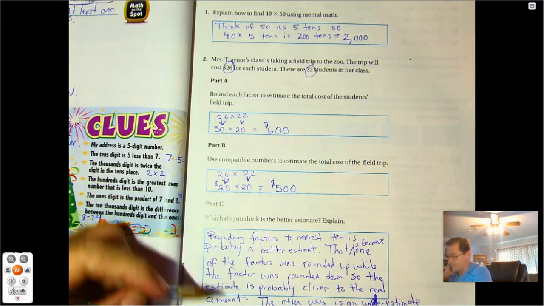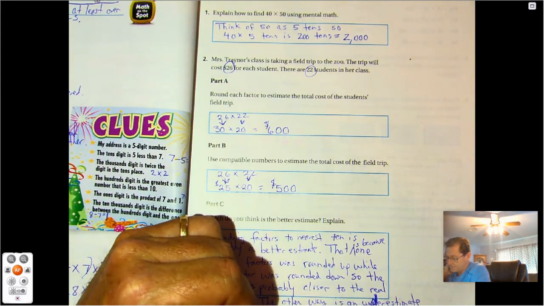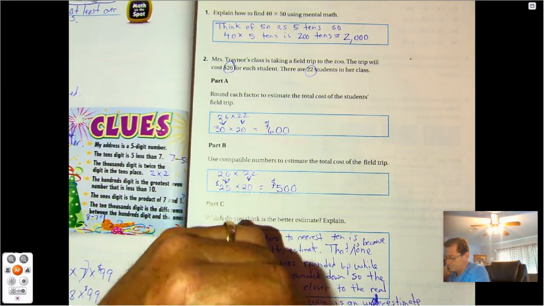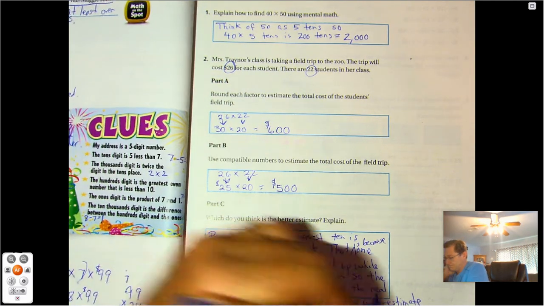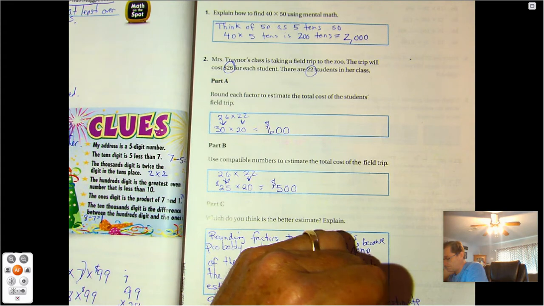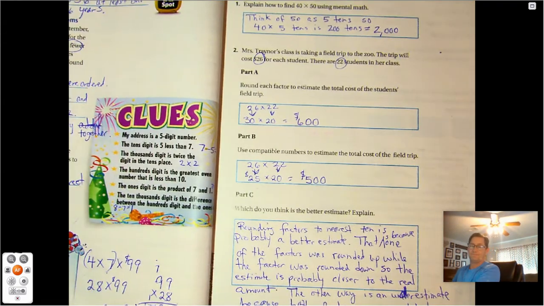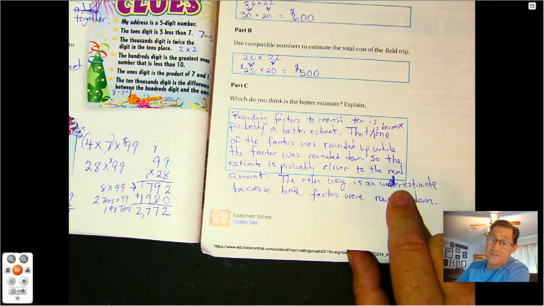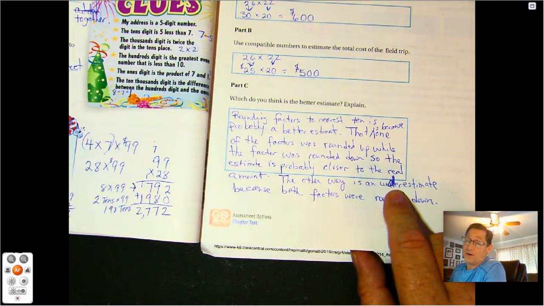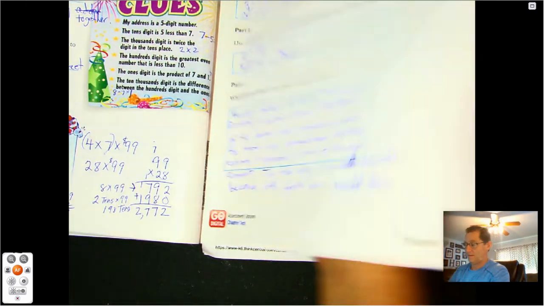Underestimate because both factors were rounded down. Sorry about my underestimate. That's UNDER, estimate. Underestimate. All right, let's move on.